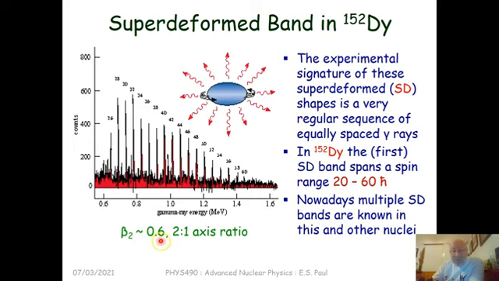But this one is much larger and is associated with this special shape with a 2-to-1 axis ratio. Now, in this nucleus, if we look at the spins, we can see that we go up to about a spin of 60 h-bar at the top of the band here.